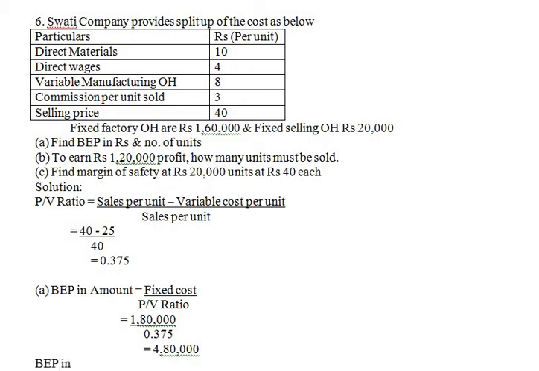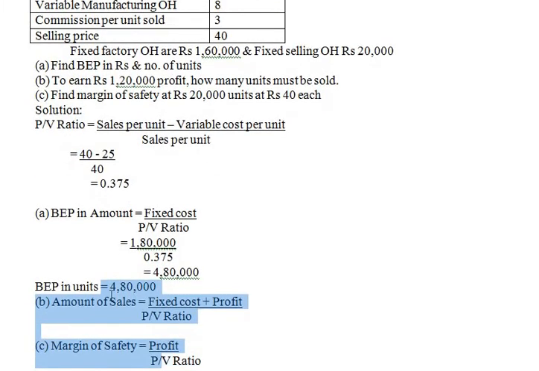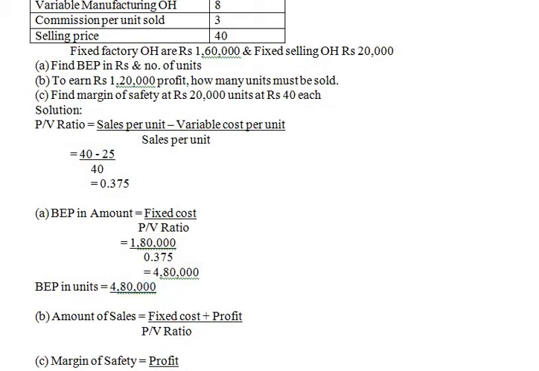So we need to find out BEP in units. So how we will find out BEP in units? So amount is 4,80,000, divided by selling price is 40.